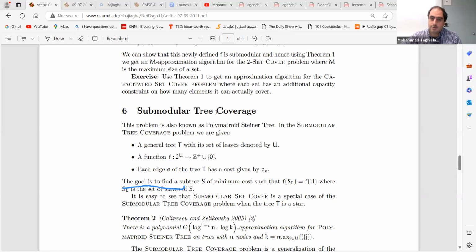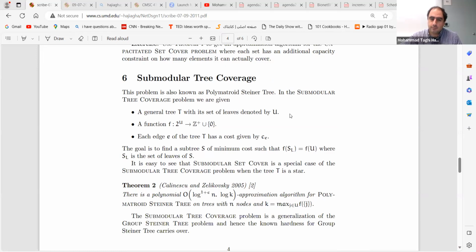Let's talk about another important, very general problem, called submodular tree coverage. In some sense this is a general summary of everything.